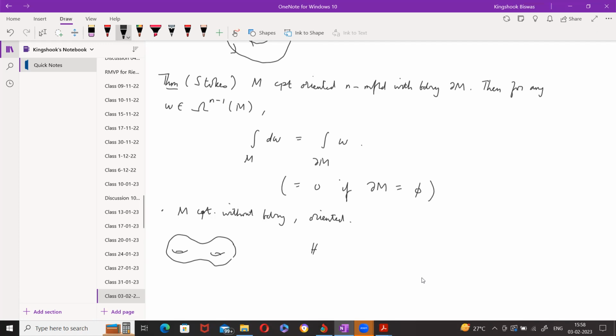This is a bilinear pairing between your kth homology with real coefficients and the kth de Rham cohomology.